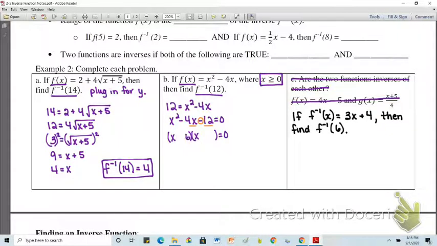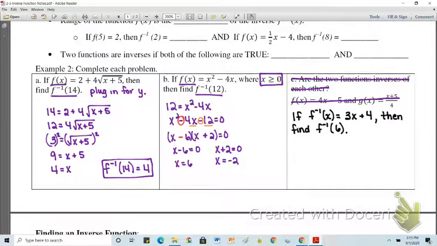That is 6 and 2. And because it's a subtraction sign at the end, my bigger number gets this sign, and the other one gets the opposite. So I would set both of those equal to 0 and solve, and I end up with x equals 6, and x equals negative 2.